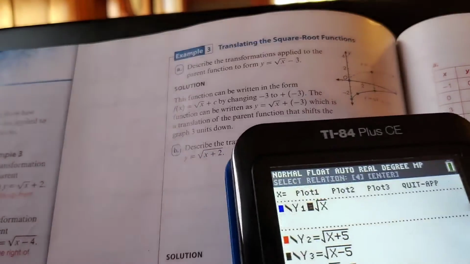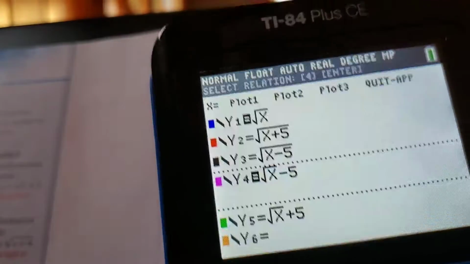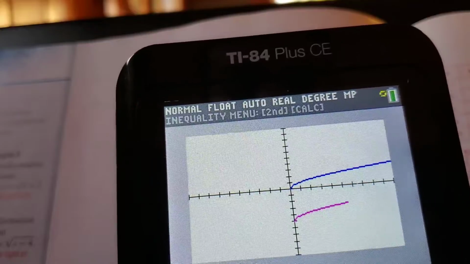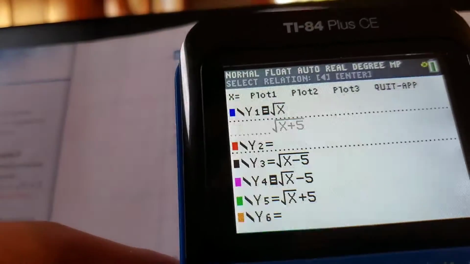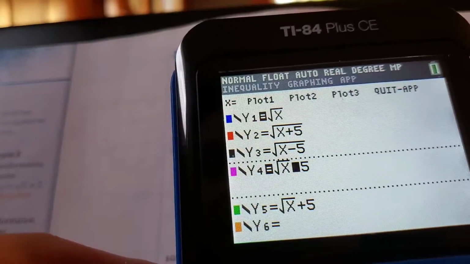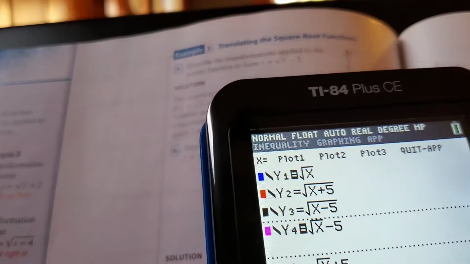Huh? Oh, I didn't highlight it. Good job. So let's try it again. I have that one, and then I highlighted it, and then it went down. It went down 5 because I put minus 5. So this one makes a little bit more sense because minus 5 means that it goes down 5.